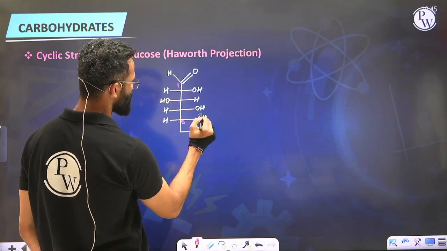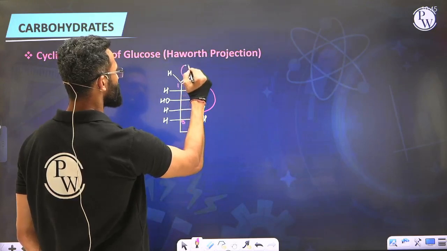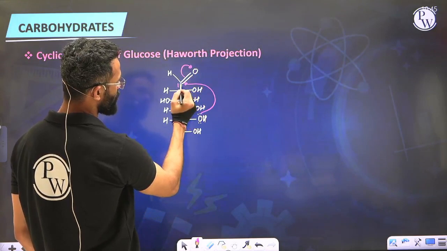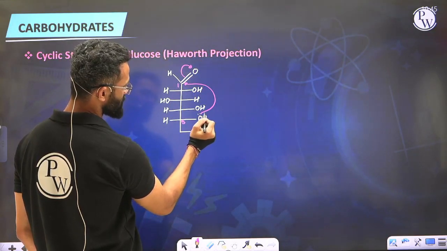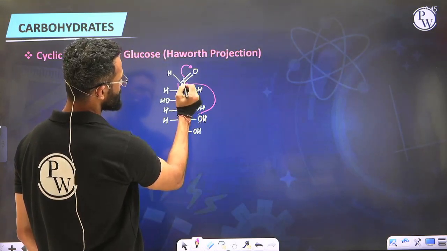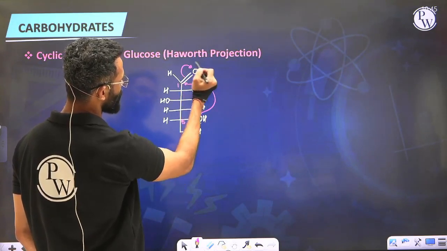So see, electron rich oxygen is attacking at the deficient carbon. This bond will break. Since the lone pair is forming a new bond with carbon number 1, this oxygen will carry a positive charge, so this H will undergo deprotonation.